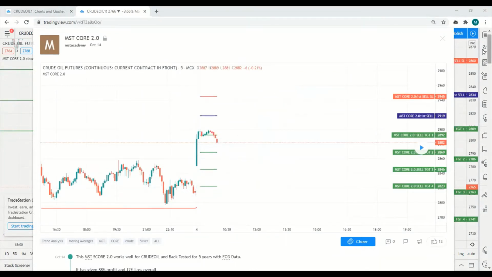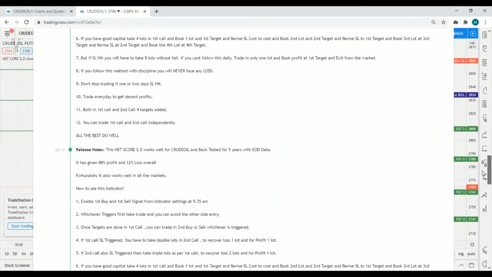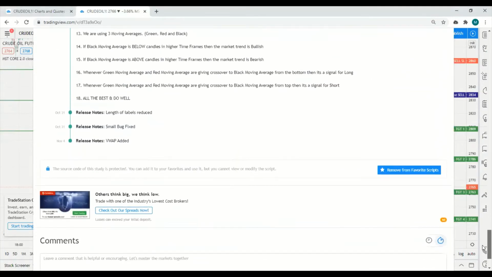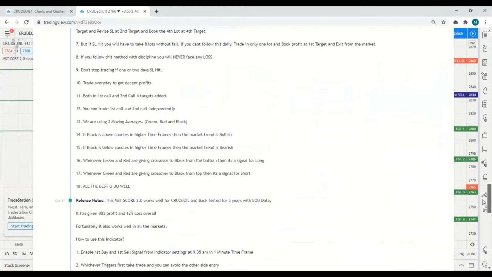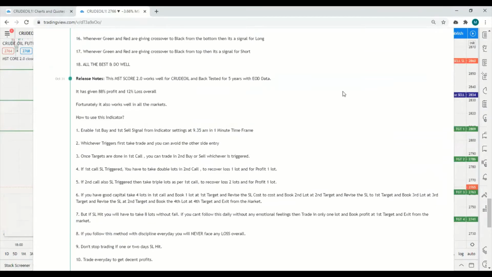So next thing. This MST Core 2.0 works well for crude oil and was back tested on 5 years of data. It has given 88% profit and 12% loss.